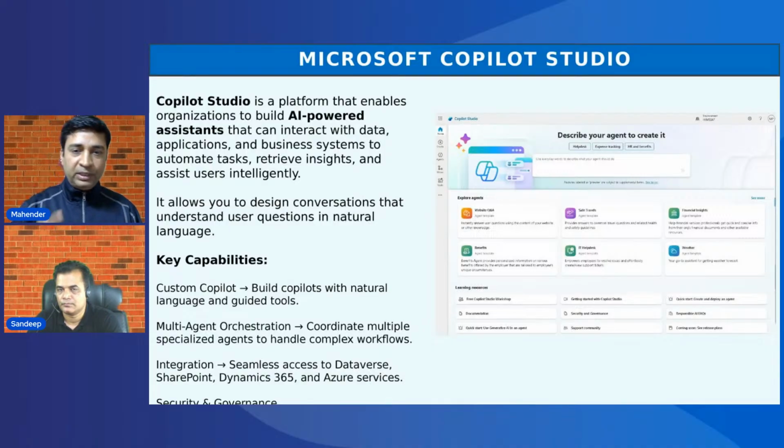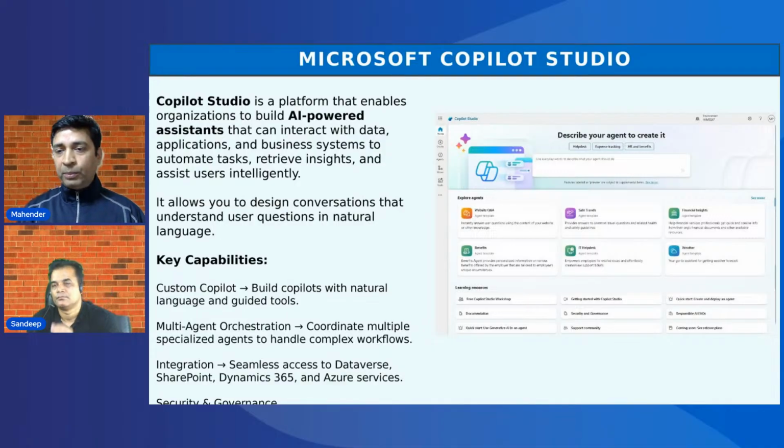But not only agents, we can build different types of assistants, copilots, and AI-powered agents here, which consume the information that we are passing, and based on this information they can take the decision, what is the next action they are going to perform. That's what we are going to do here in Copilot Studio.